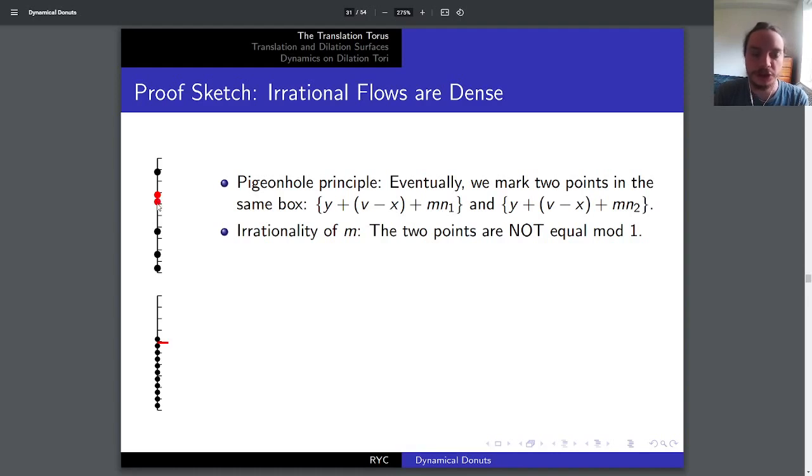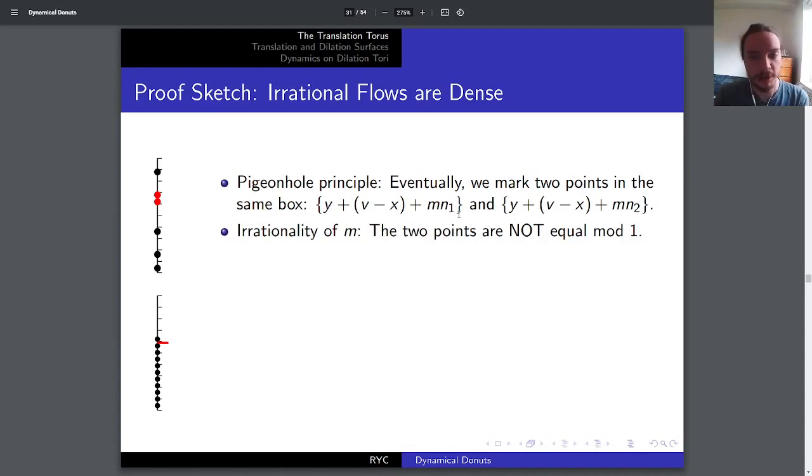Okay? So if they were the same point, then we could subtract these two numbers, and we would just get 0, right? Because they're the same point, so the fractional parts are the same, you subtract them and you get 0. Okay. But then we see that the fractional part of m times n2 minus m times n1 is equal to 0, which means that m n2 minus m n1 is equal to an integer.